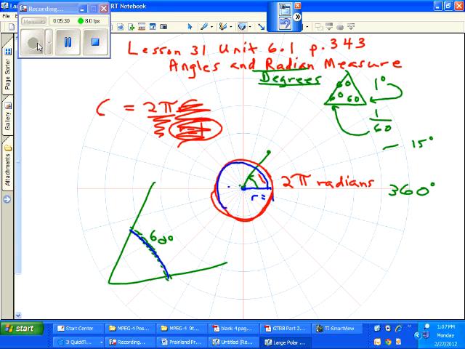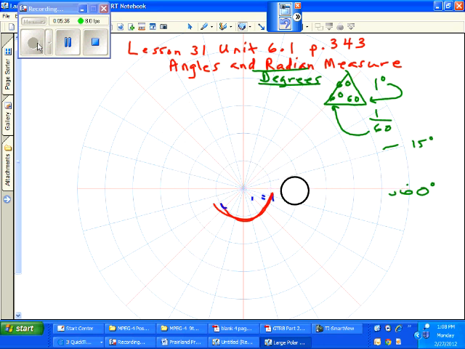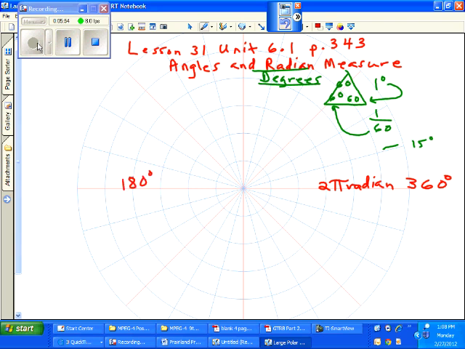Now, the fundamental thing that we've just created, we actually tried to make a decent definition of degree and radians, but we also found a relationship. We found out that a circle is 360 degrees, and we also found out that that's 2 pi radians. Well, if 2 pi radians is 360 degrees, then how many radians would be 180 degrees?